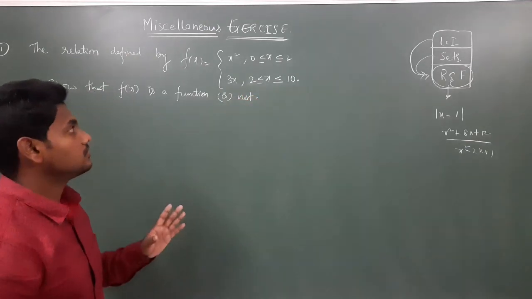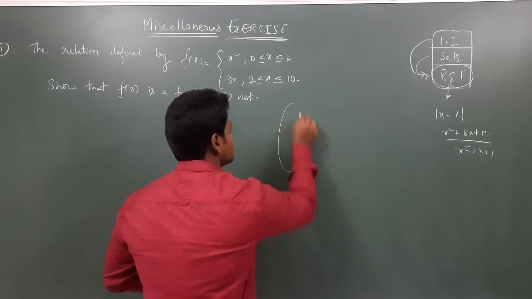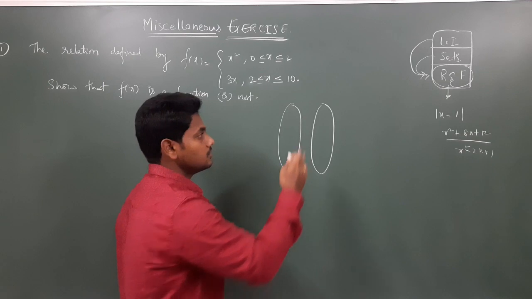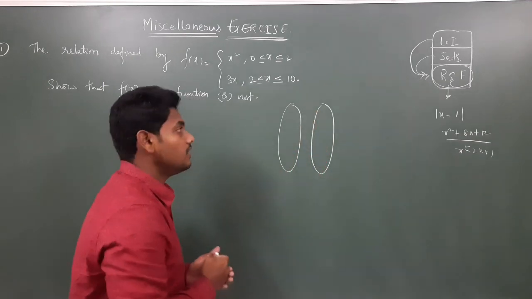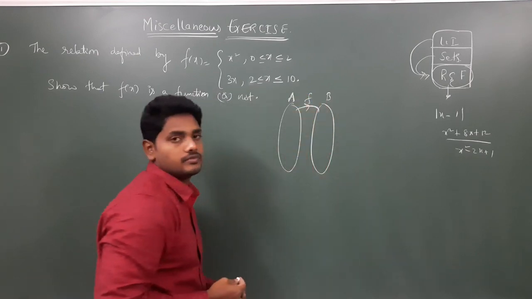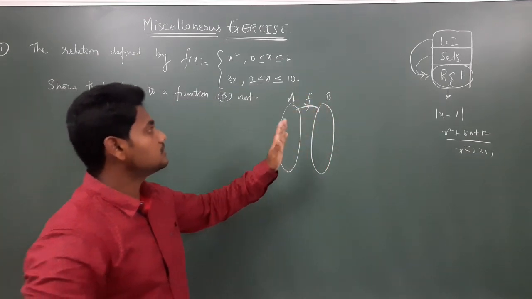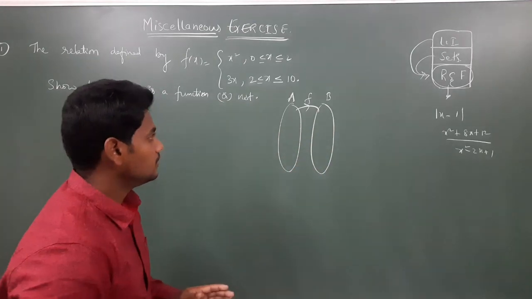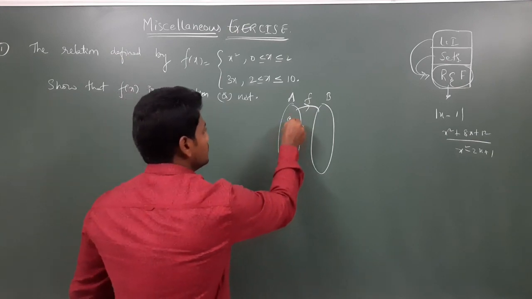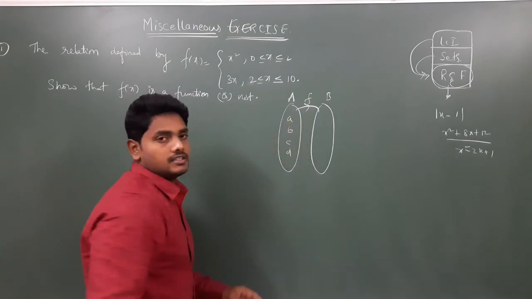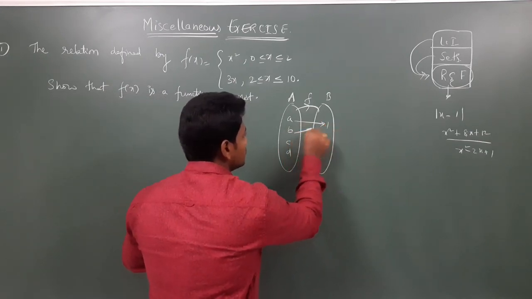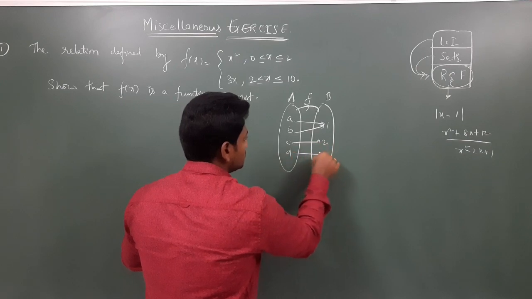So what does function mean? For example, if you have two sets, the first set containing domain values and the second set containing range values, nothing but codomain values. We will consider that a function exists between A and B when every element of set A, it may be a, b, c, d, has one and only one image, like this is 1, this is 2, and this is 3.